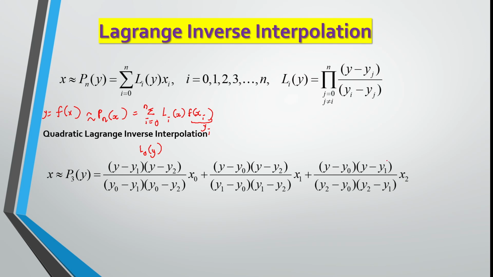So the formula is actually the same, only you change x to y. For inverse, L naught y multiply x naught, L1 y multiply x1, L2 y multiply x2. For interpolation, given x you approximate y: L naught x times y naught plus L1 x y1 plus L2 x y2.